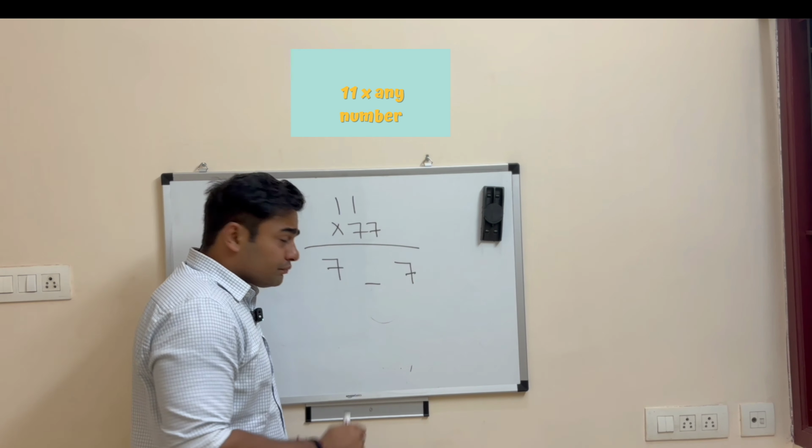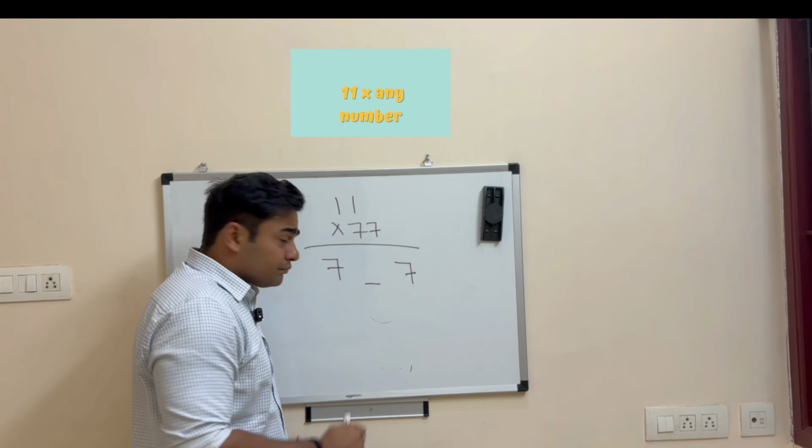I'll write 4 here, and then 1 would carry, and then it would become 8. So the answer is 847. Remember, although I am trying to solve it on the board here, all you have to do is solve it in your mind. So in that way, you can multiply any number with 11.